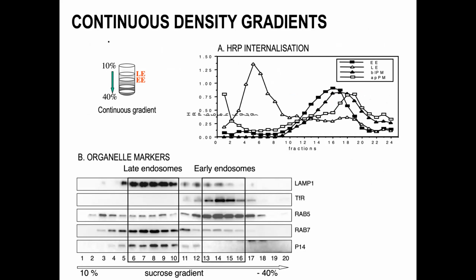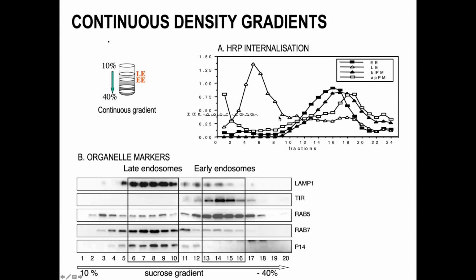rather useful for you. When we look here at the distributions, for example, of the HRP internalization and where the HRP is recovered, is it on the plasma membrane sticking? Is it internalized in early endosomes and then late endosomes? We can see here the peak where the late endosomes are. So these are these fractions here, 6, 7, 8, 9, then this peak here.